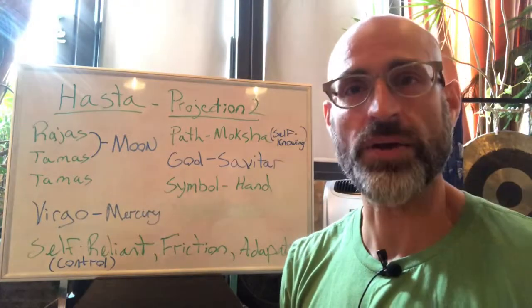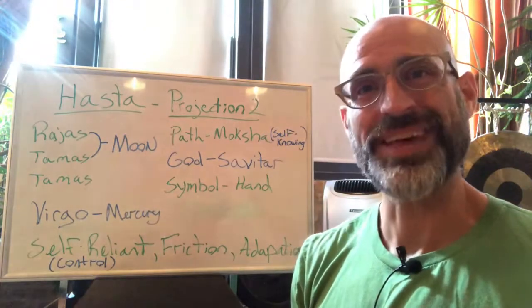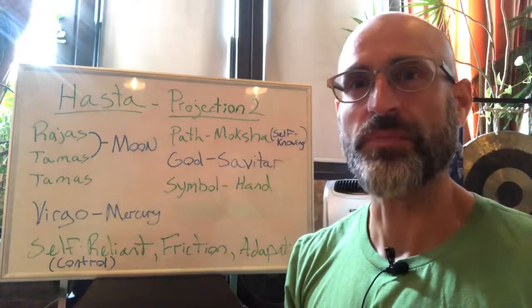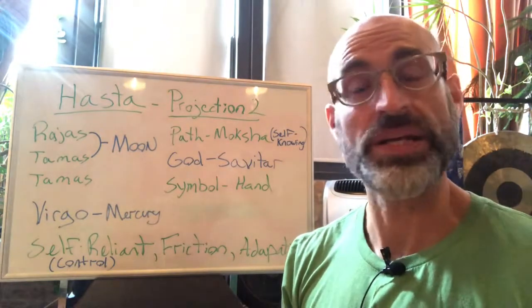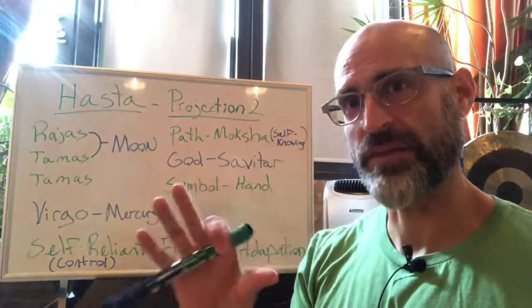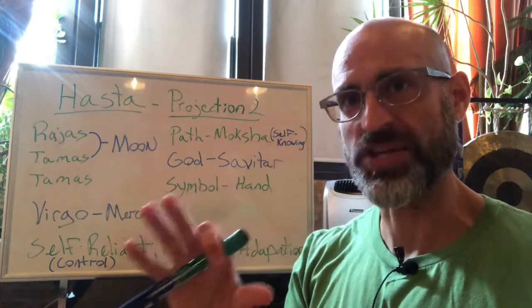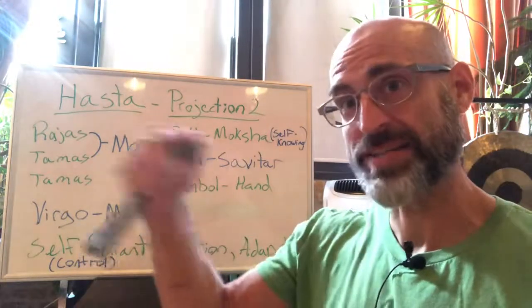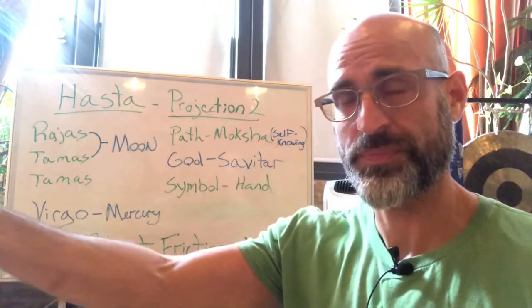Now what's interesting about all these planets is that all of them are fast moving, and Mars being the slowest of the bunch, but nonetheless all these are very, very quick energies. So this nakshatra is really epitomized by fast adaptation and growth.